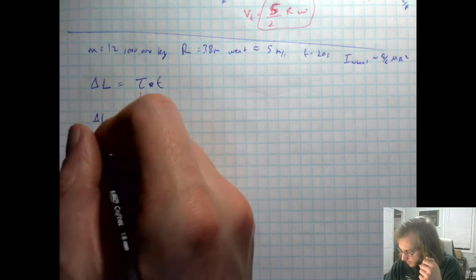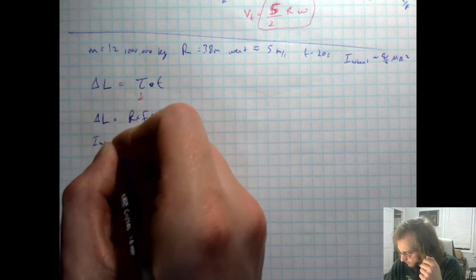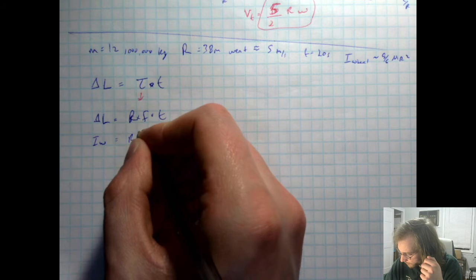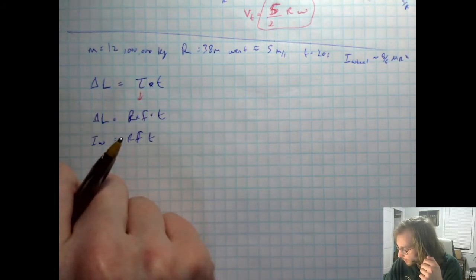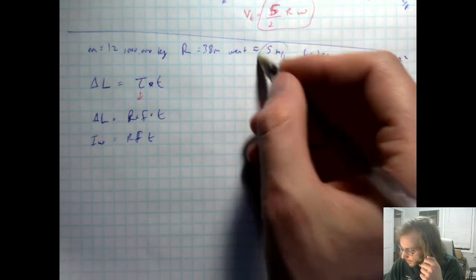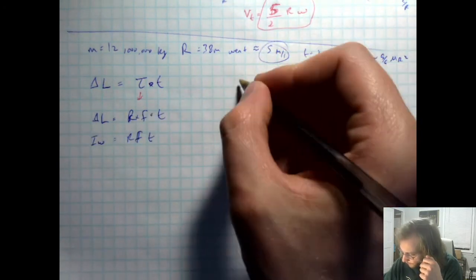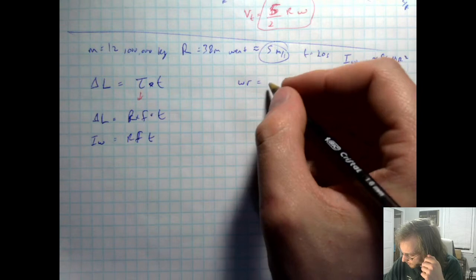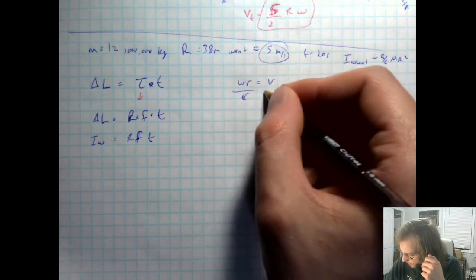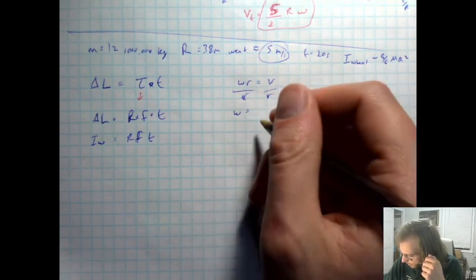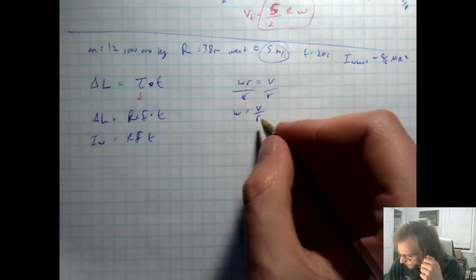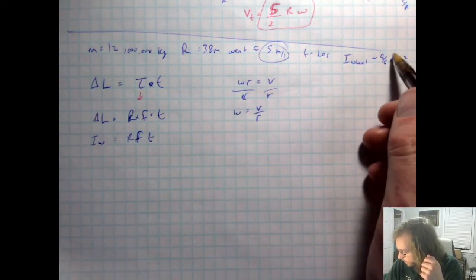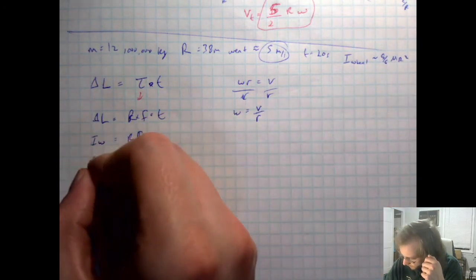Angular momentum is equal to I omega. We are given the tangential velocity of the wheel. Omega times r equals our tangential velocity, so dividing each side by r, our omega is going to be our tangential velocity divided by our radius. Our I we're given is 5/6 mr squared.